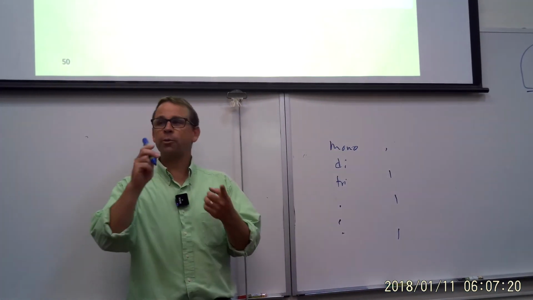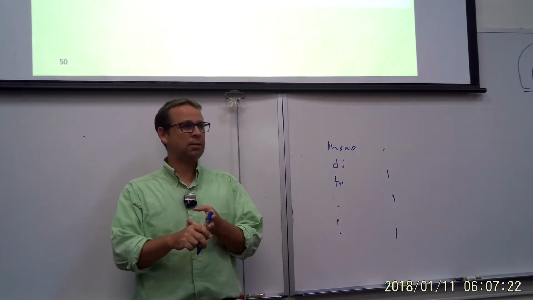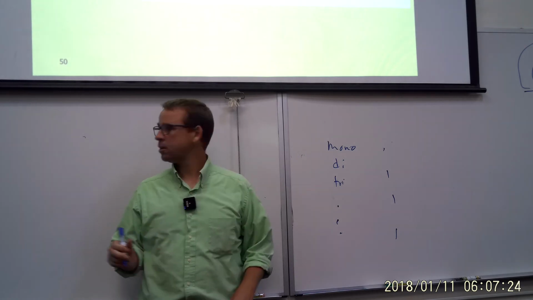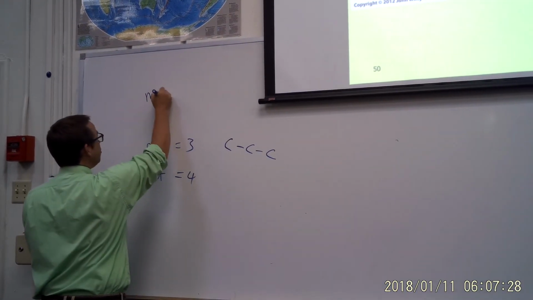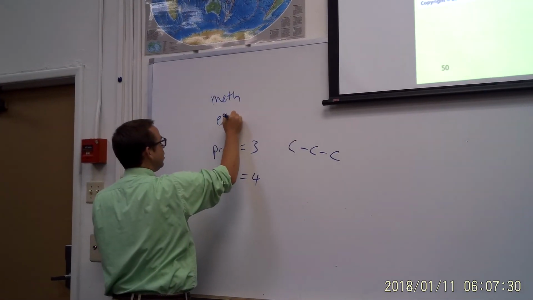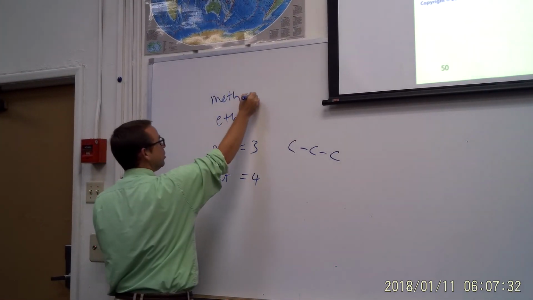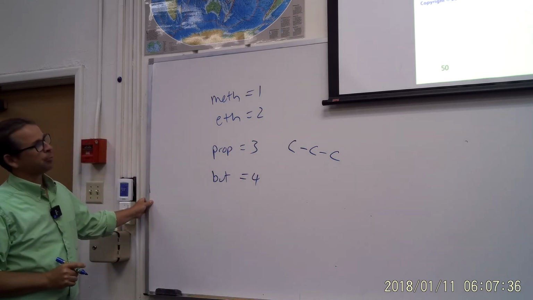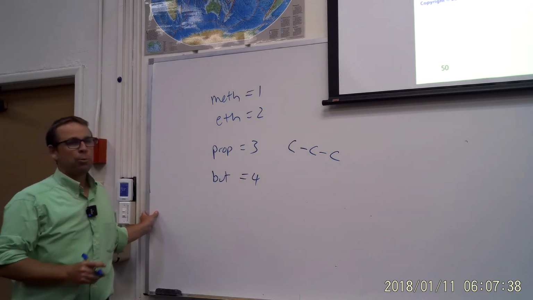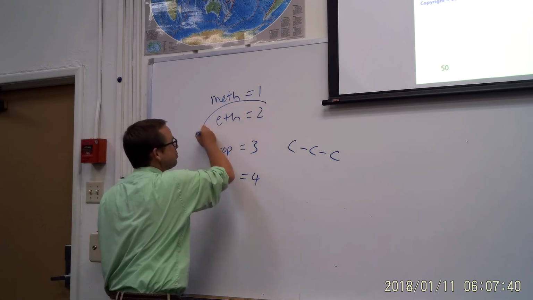Right? So going from 5 to 10, they're the same prefixes. In organic chemistry, the first one, meth, the second one, eth, prop, and but, are different. Okay? But we're familiar with this prefix a little bit.